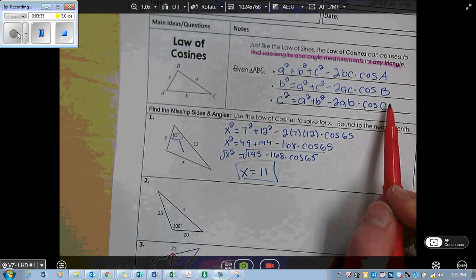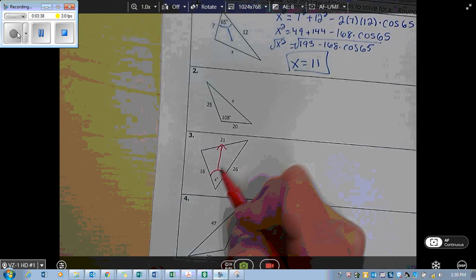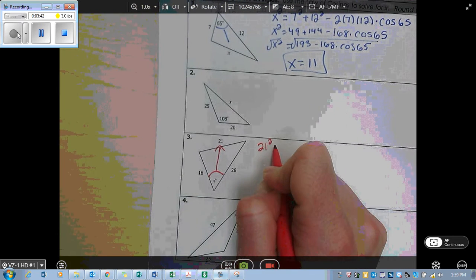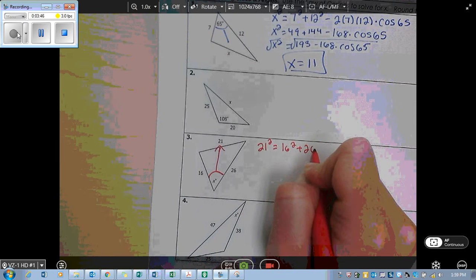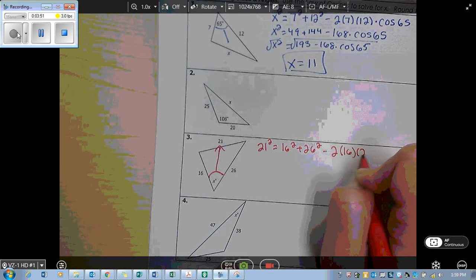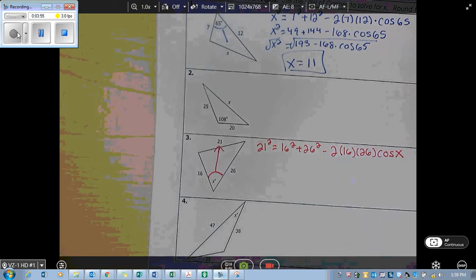So if I know I want angle C, I want to isolate side C. So I want angle X, so I want to isolate this 21. So 21 squared is equal to my other two sides, so 16 squared plus 26 squared minus 2 times my 16 and 26 times cosine of X, because that's what I don't know.